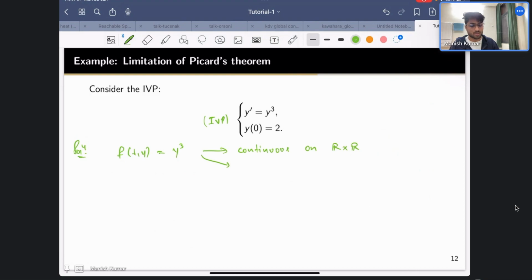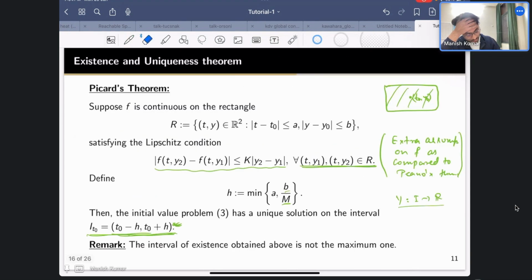What I mean by locally Lipschitz is, in a neighborhood of y, k will now depend on the domain we are considering.